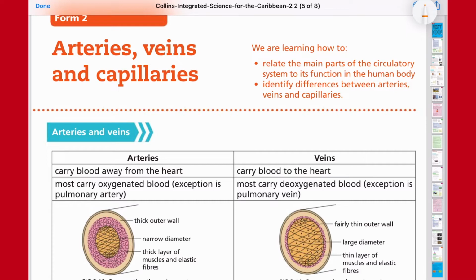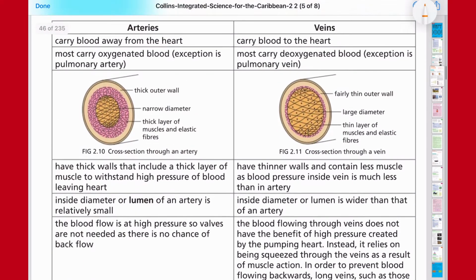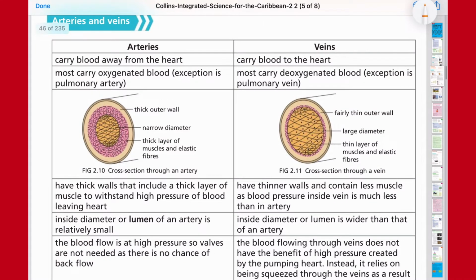So arteries, veins and capillaries firstly are not the same, right? Arteries have a very specific and special function. Arteries carry blood away from the heart. So anytime we are talking about blood being moved away from the heart, that blood is going to be moving via an artery.